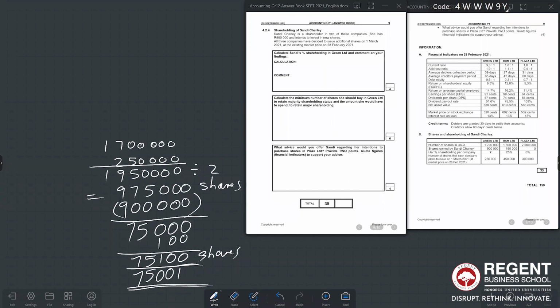So 75,100 shares times 520, she needs to spend an amount of 390,520. That's how much money she must spend to become majority shareholder. She must go and buy 75,100 times 520 to give you 390,520.